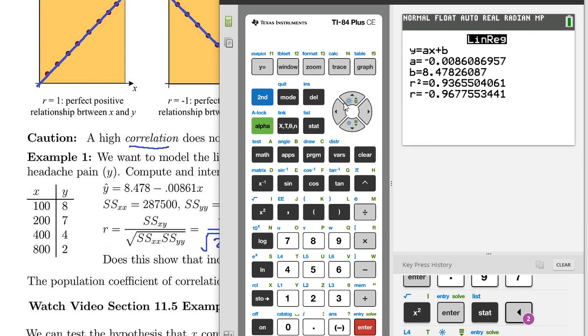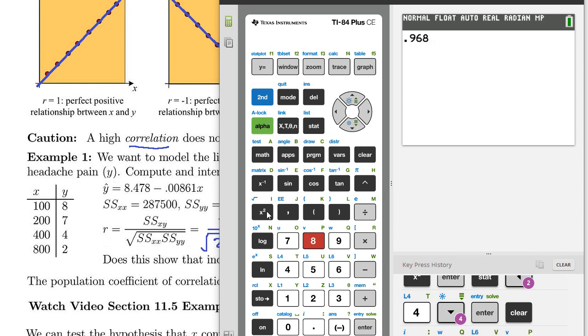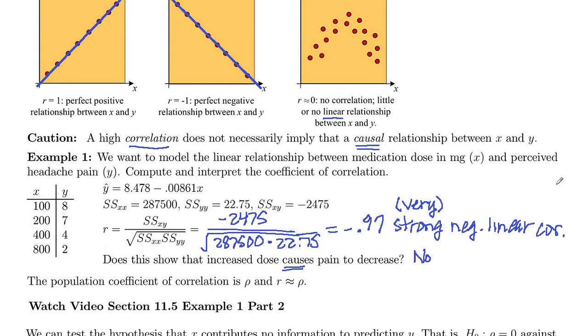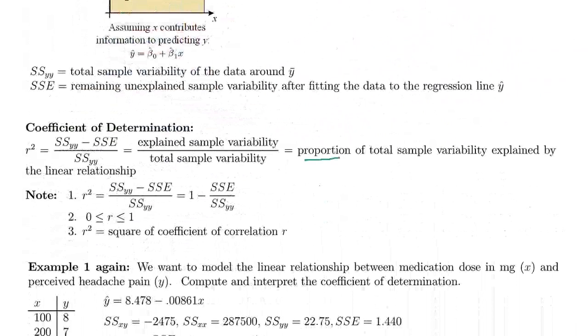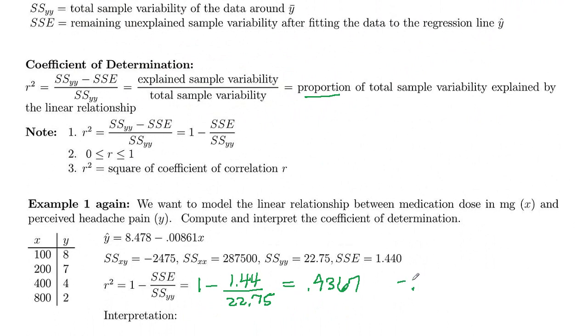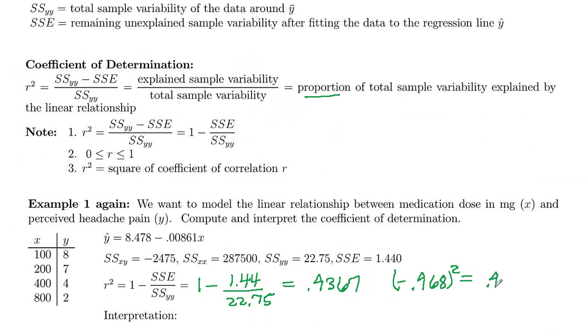Yeah, 0.968. So if we took the 0.968 and squared it, we get 0.937. So notice that negative 0.968 squared is 0.937. And that's what we're getting here, 0.937. So this is the coefficient of correlation r, squared.